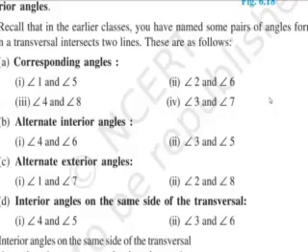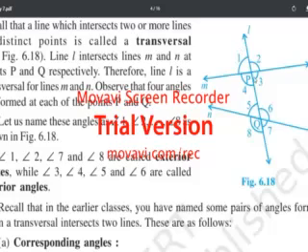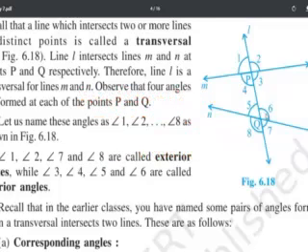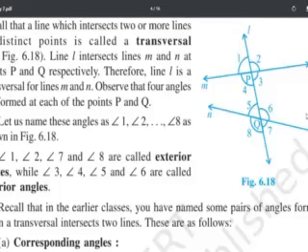In the same way, another pair is alternate interior angles. Alternate interior angles means both should be interior, but on alternate sides of the transversal line, and both should not have a common vertex. You can see one vertex is P and the other is Q. 4 is on this side, 6 on this side. So 4 and 6 are alternate interior angles.